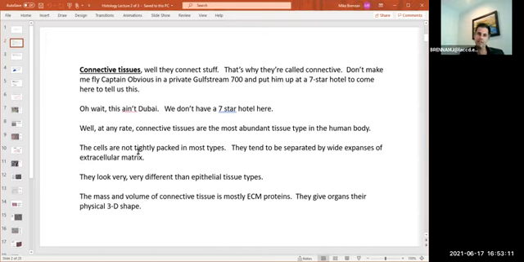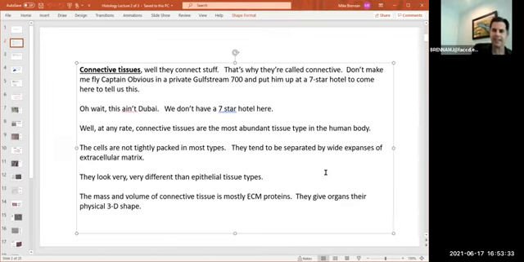Okay, so with connective tissue, the cells are not going to be tightly packed together forming rows. You're not going to see a lumen nearby in all cases. They tend to be few and far between, just a few cells separated by wide expanses of collagen, which forms most of the extracellular matrix in the human body.